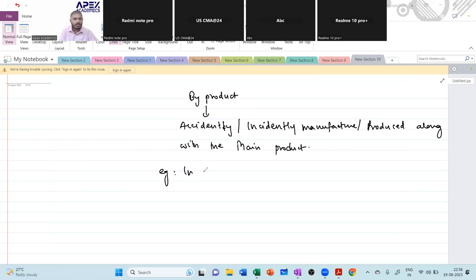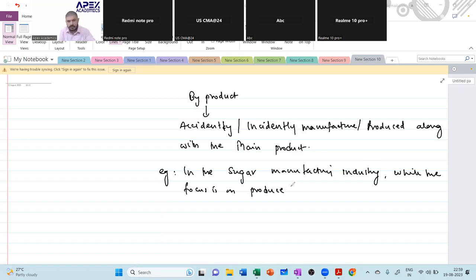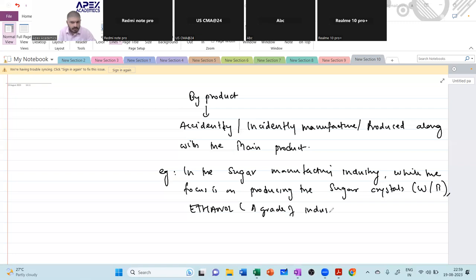In the sugar manufacturing industry, while the focus is on producing the sugar crystals, which can be white or brown, ethanol, a grade of industrial alcohol used in manufacturing, is produced by chemical reaction.